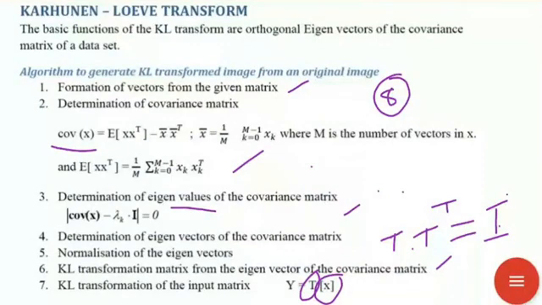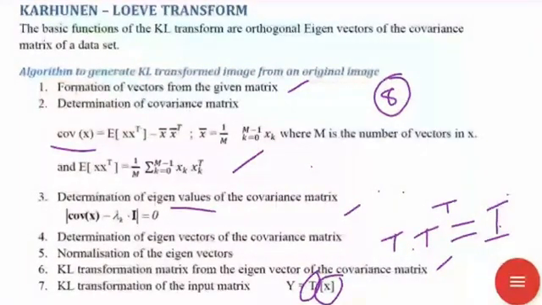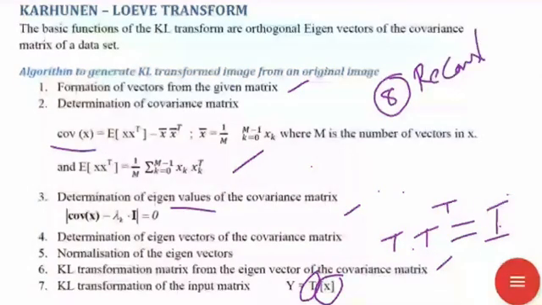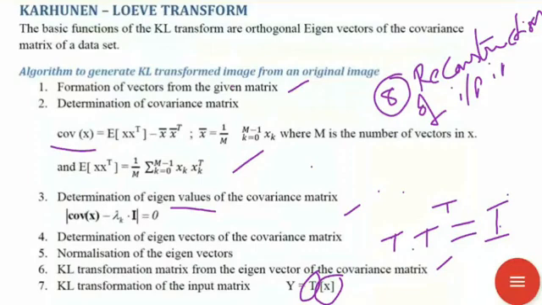After getting Y, how can you reconstruct X from Y? That is the reconstruction of the input image or input matrix.